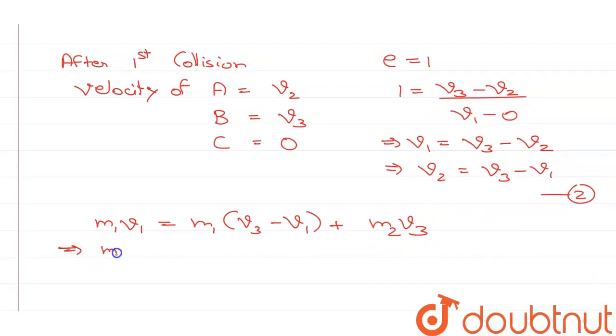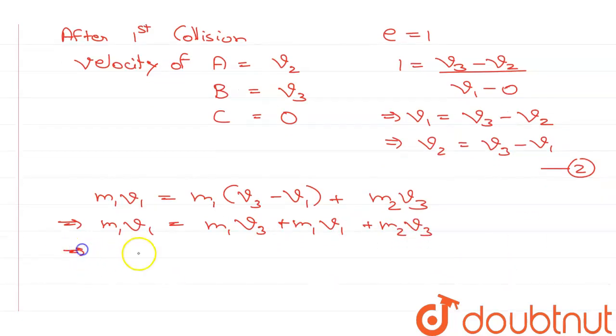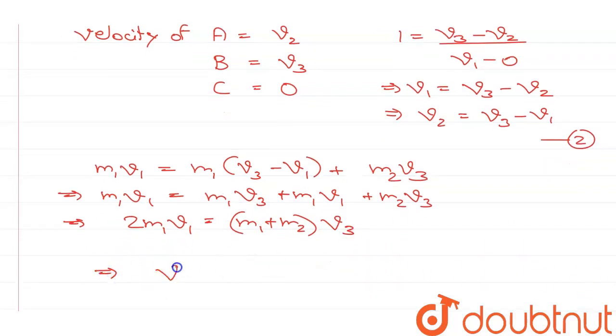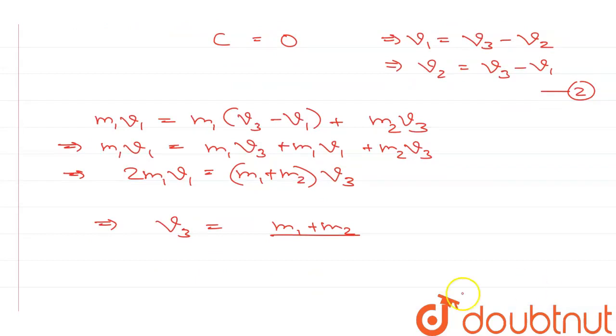So that means m1 v1 is equal to m1 v3 minus m1 v1 plus m2 v3, which means 2 m1 v1 is equal to (m1 plus m2) into v3, which means v3 is equal to 2 m1 v1 upon (m1 plus m2). So this is the value of v3.